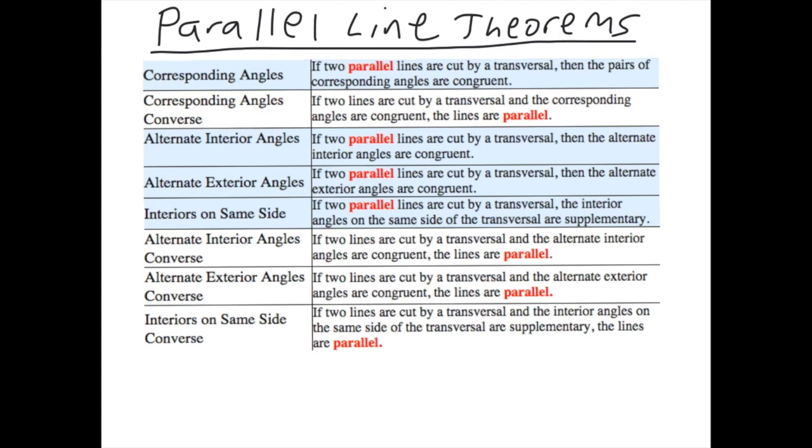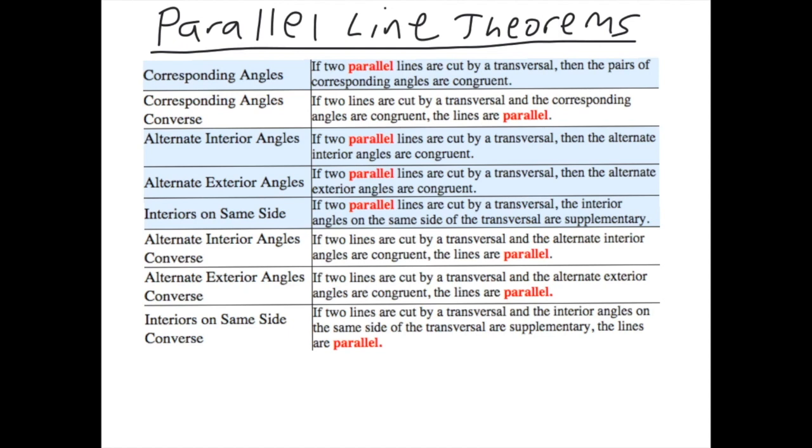The converses say it in the other direction. They say, using the corresponding for example, if two lines are cut by a transversal and the corresponding angles are congruent, then the lines are parallel.